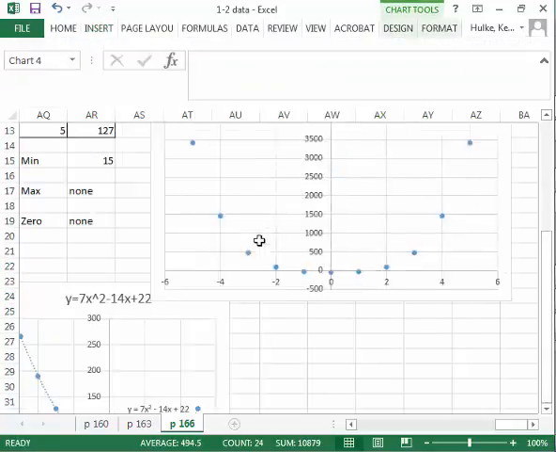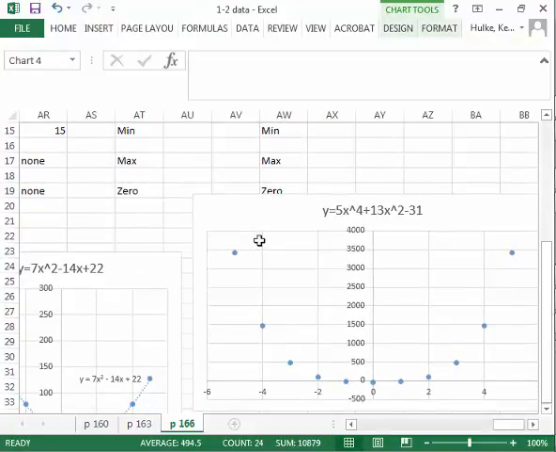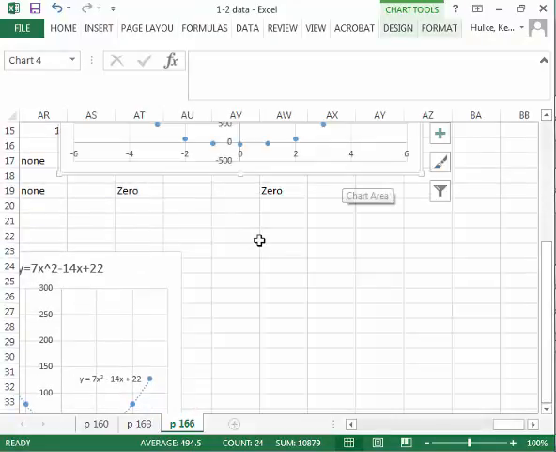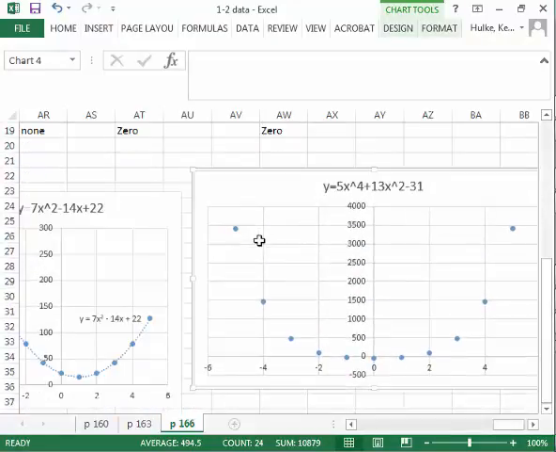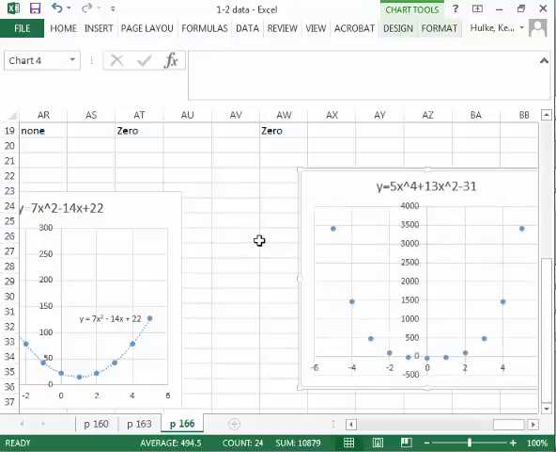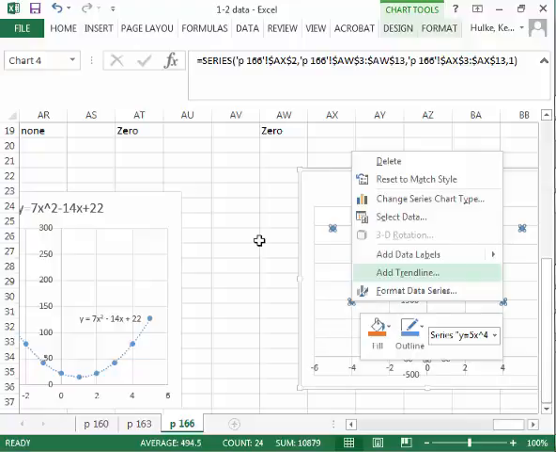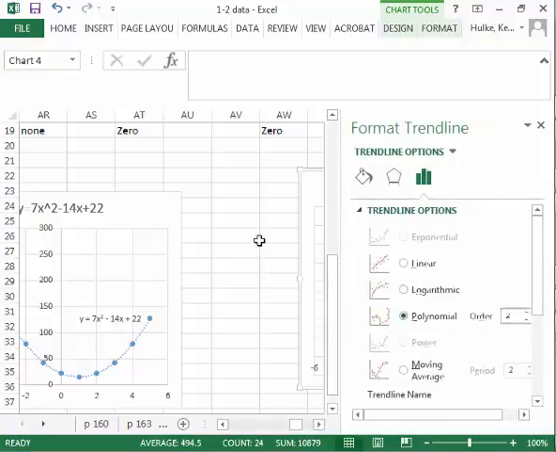I'm gonna move it out of the way here. I'm going to insert, click on a dot, add the trend line. This time I'm going to make it a polynomial order 4 because if you notice it's to the 4th.